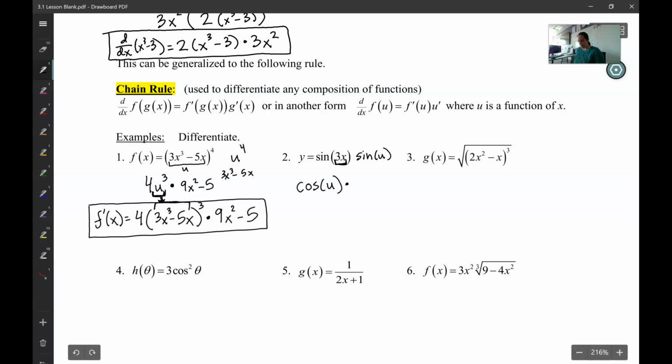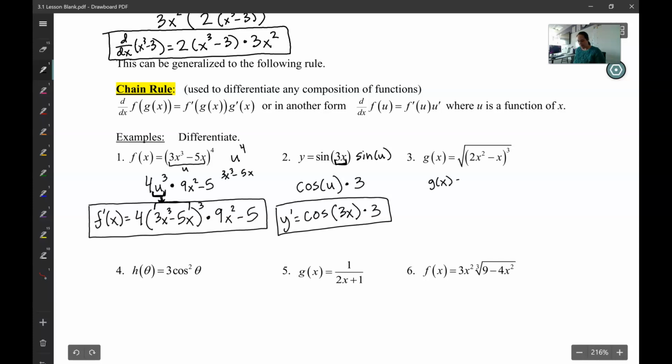Well, the derivative of my baby is 3. Derivative of 3x is 3. And then lastly, I'm going to put what u is back in. And label it.